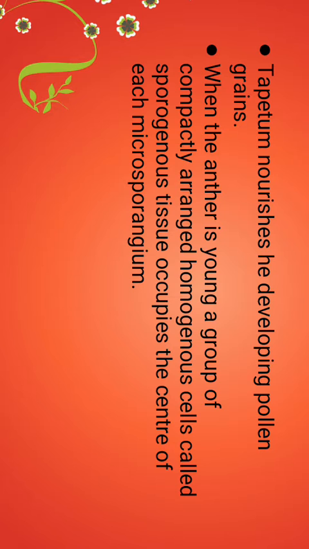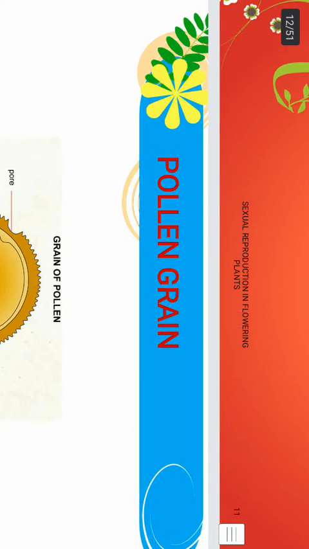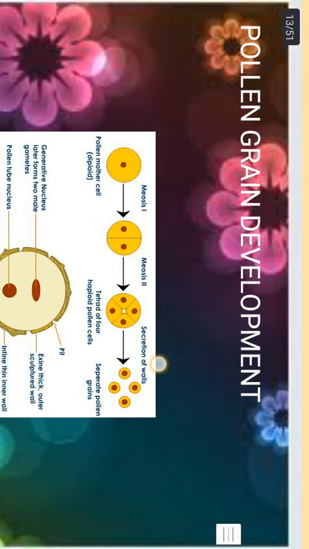Because the microspore mother cell is diploid, it is undergoing meiotic cell division. The formation of microspore from microspore mother cell is called microsporogenesis.